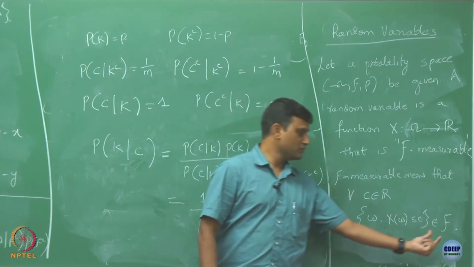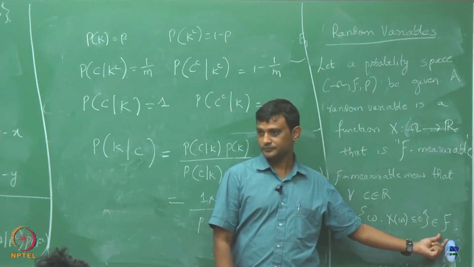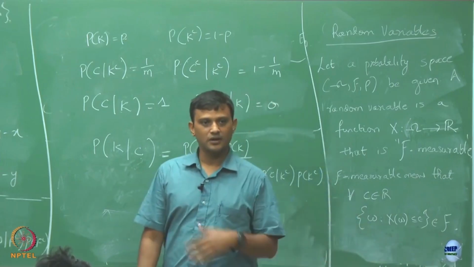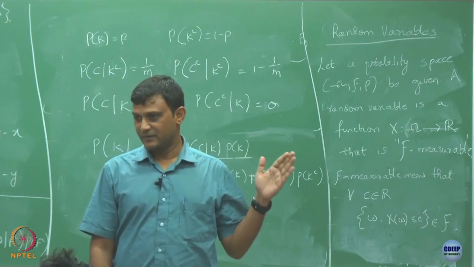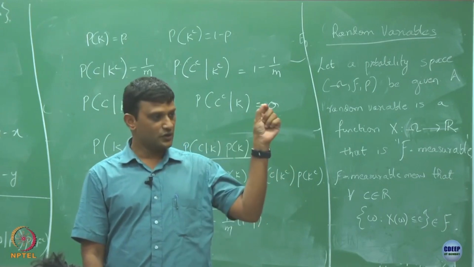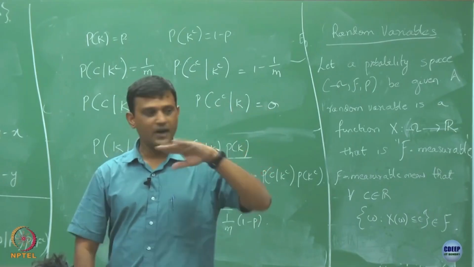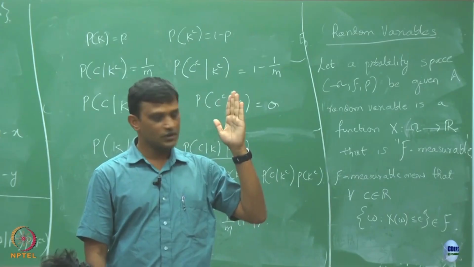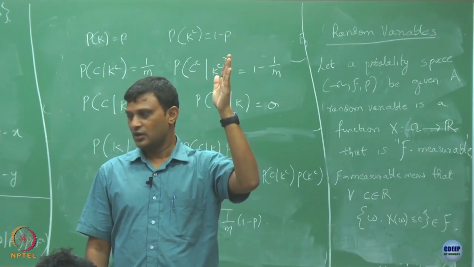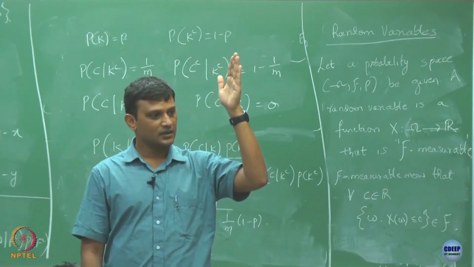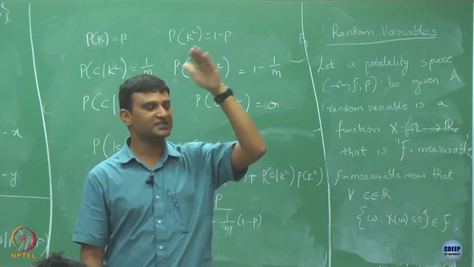That set has to belong to the event space. So what it is basically asking for is this: X, a random variable, is a function which assigns numbers to the outcomes. So now I have mapped all my outcomes to numbers, right? Now in such an experiment I want to ask the question: what is the probability that the outcome of the experiment takes a value less than or equal to C?